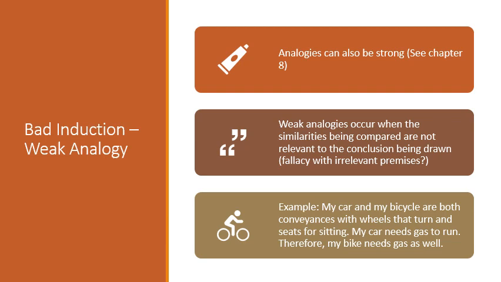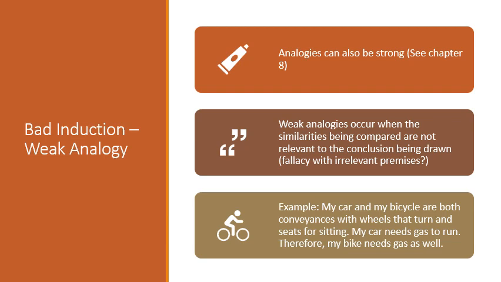Typically there's a feature that we're discussing that we know one of the things has and we're not sure about the other thing, and so we assume that the other thing does have it based on the similarities between the two things. When I get to my example, this will make a little bit more sense.